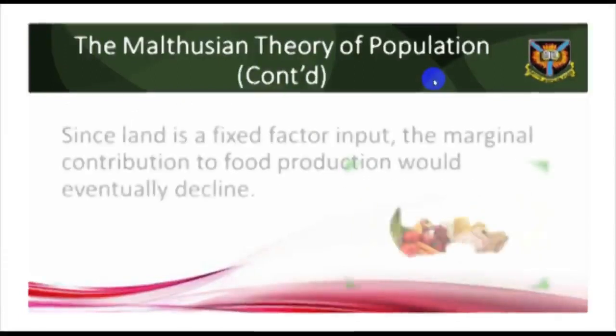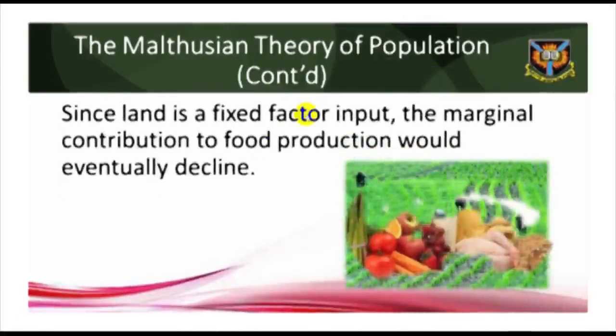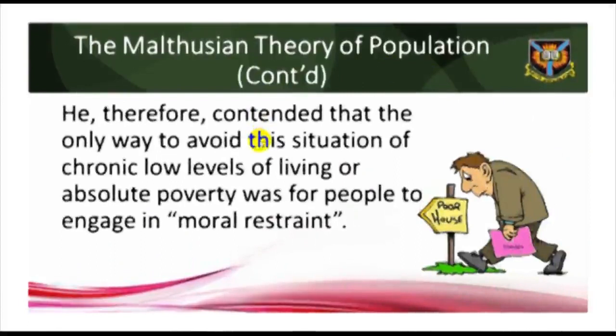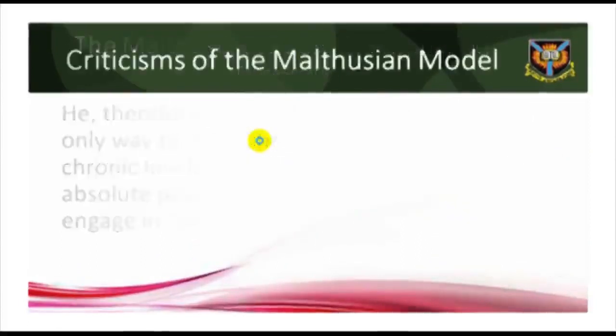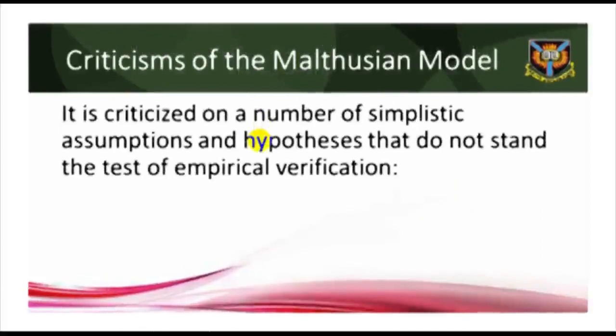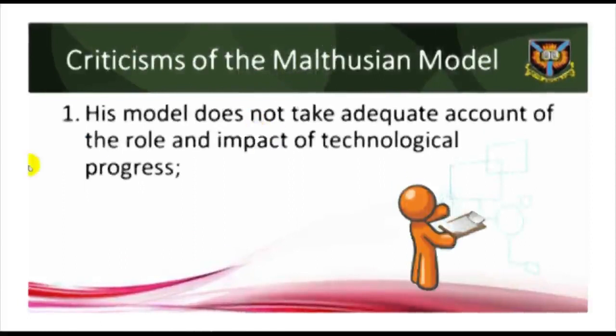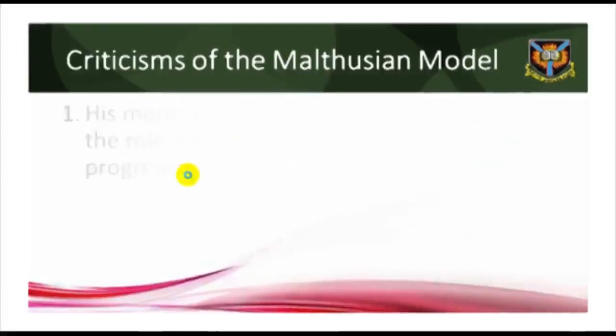Criticism of the Malthusian model. The Malthusian model is criticized on a number of simplistic assumptions and hypotheses that do not stand the test of empirical verification. 1. Its model does not take adequate account of the role and the impact of technological progress. 2.